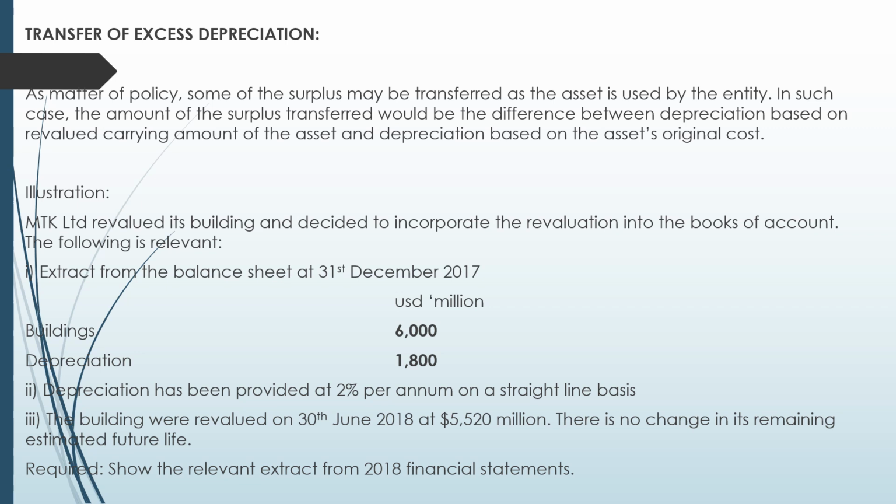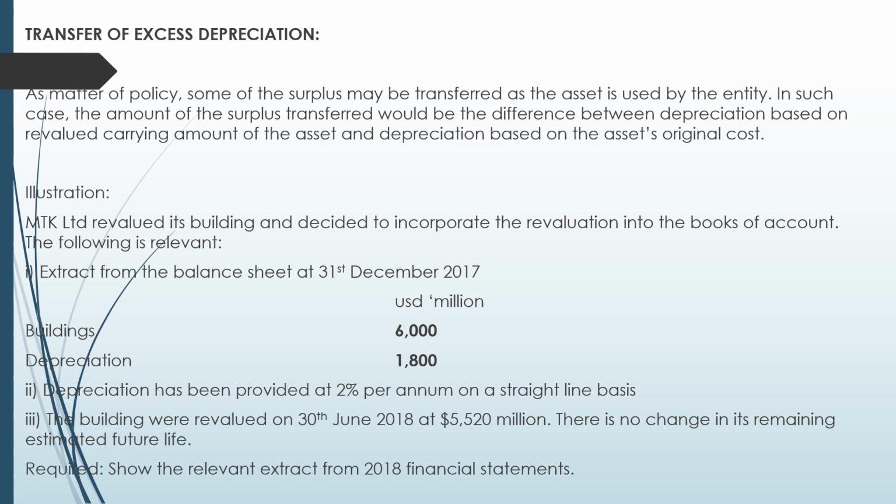Our depreciation has been provided at 2% per annum on a straight line basis. The building was revalued on 30th June 2018 at 5,520 million. There is no change in the remaining estimated future life.